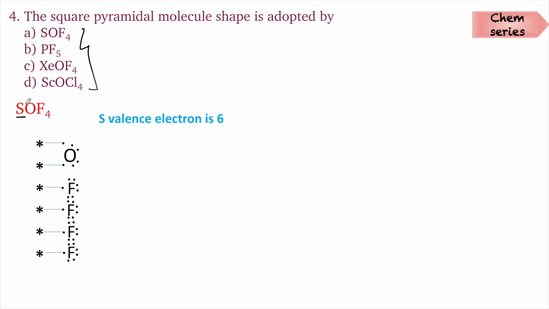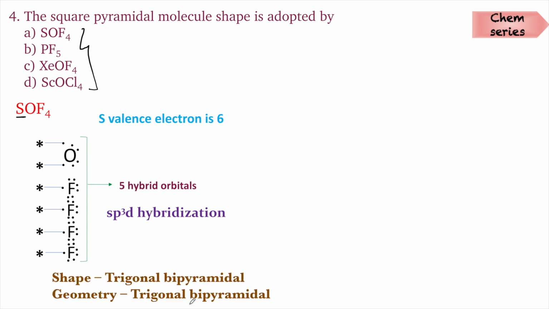There is one oxygen atom which takes up 2 valence electrons of sulfur for the double bond, and 4 fluorine atoms will take 4 valence electrons of sulfur to form single bonds. So totally there are 5 hybrid orbitals, that is sp3d hybridization, and the geometry will be trigonal bipyramidal. Since there are no lone pairs, the shape will also be trigonal bipyramidal. Okay, so it is not the answer because we need square pyramidal.